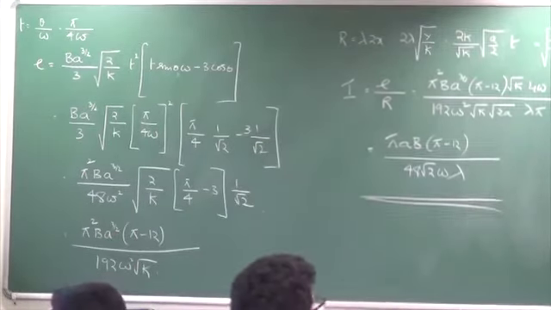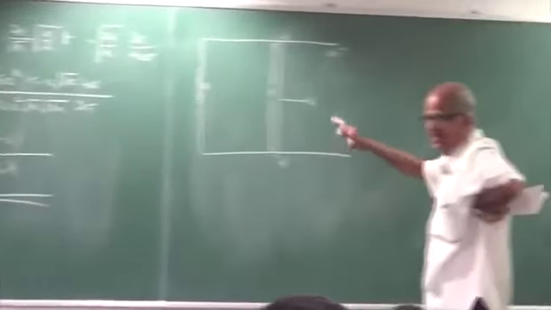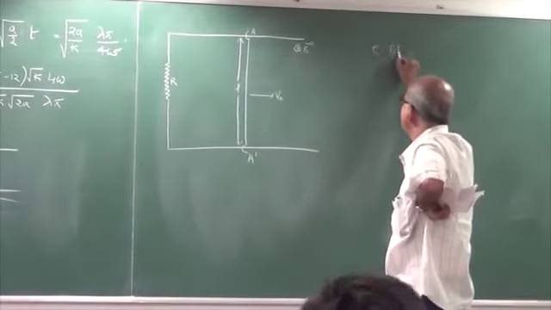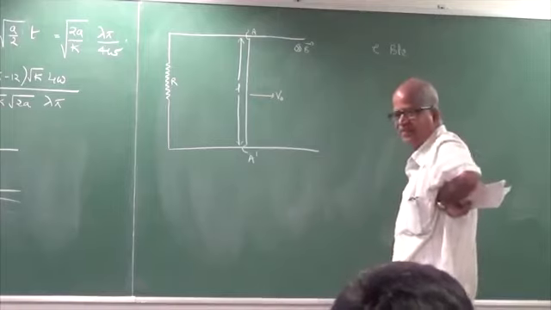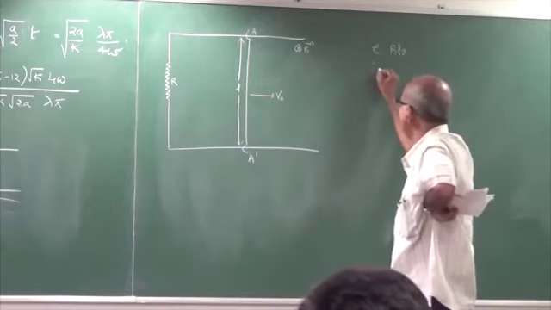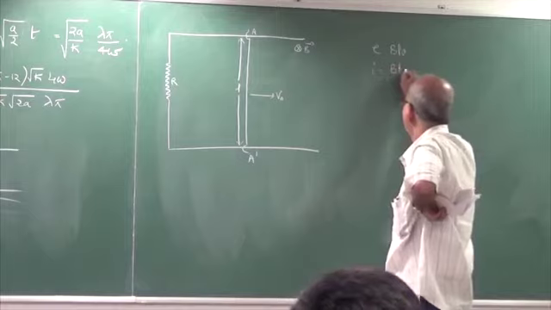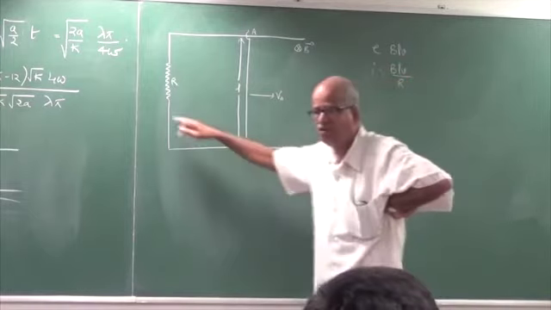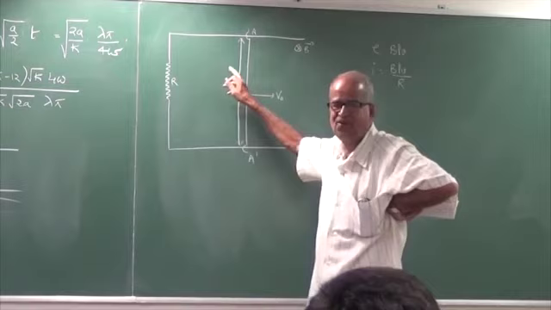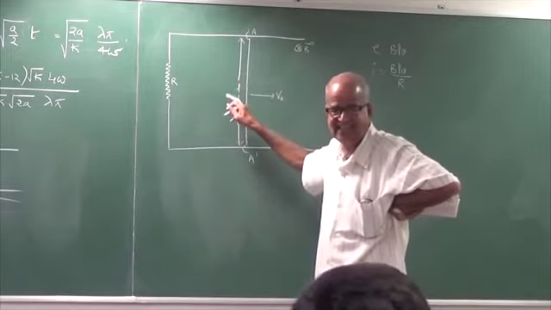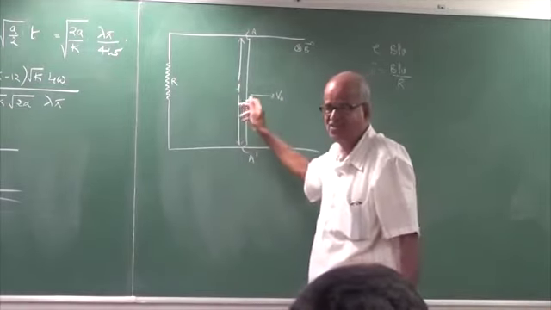Let us suppose it is moving with a velocity v. The EMF that is induced is B L v, will you agree? What is the current that is flowing now? When a current flows, there is a force acting on the rod.